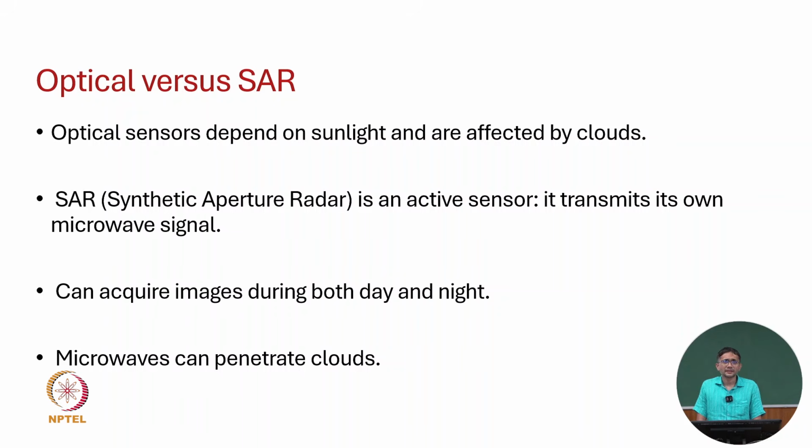It transmits its own microwave signal, so it's not dependent on ambient light, and thus it can acquire images during both day and night. On top of this, microwaves can penetrate clouds. We have discussed before what can happen with Sentinel-2: you had an earthquake or something, and you want a quick change detection map. However, there are clouds and you could not really get a usable acquisition. This would not be the case with SAR.